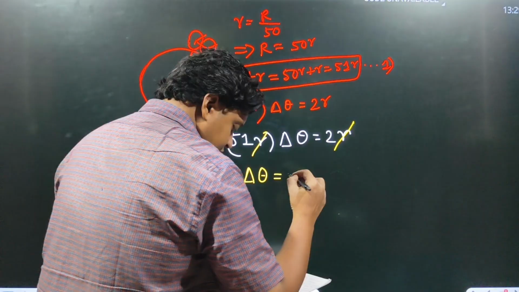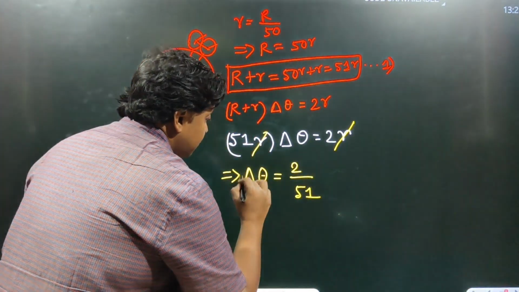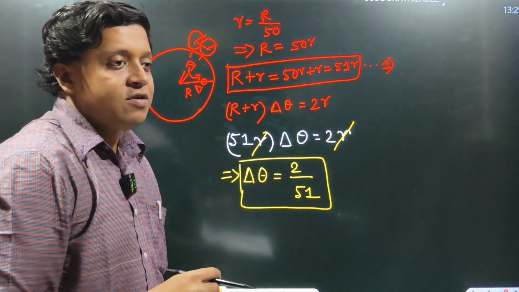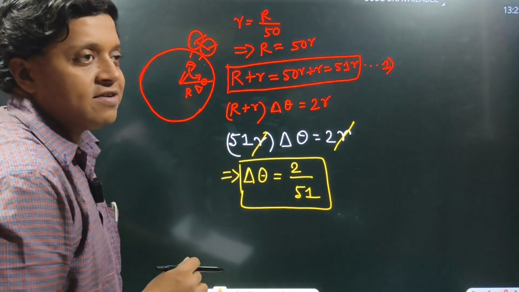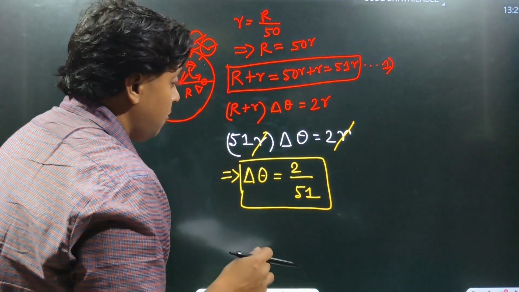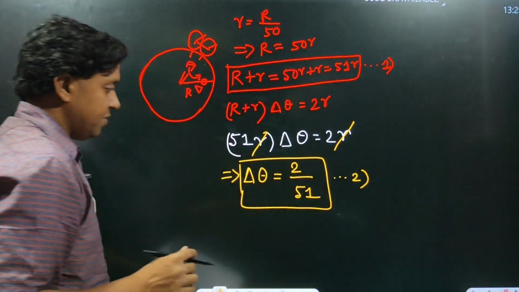Delta theta is equal to 2 by 51. And this sounds interesting because there are quite a few 51 factors appearing in the numerator in the options. So this is our equation number 2.